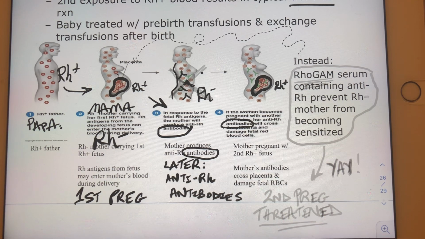And these particular antibodies, not that all do, but these do, they can cross the placenta and attack the red blood cells of the fetus. So this is second pregnancy, and this second pregnancy is threatened.